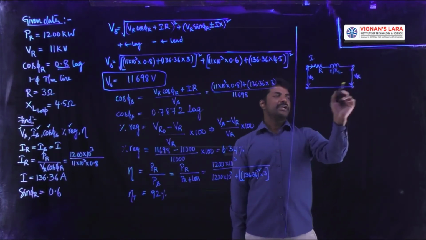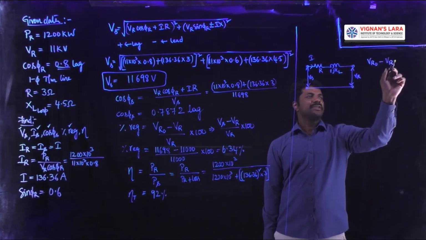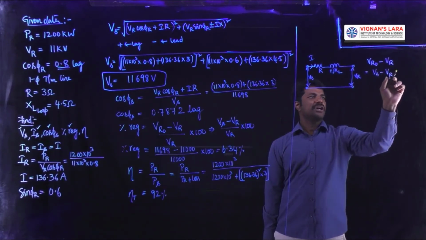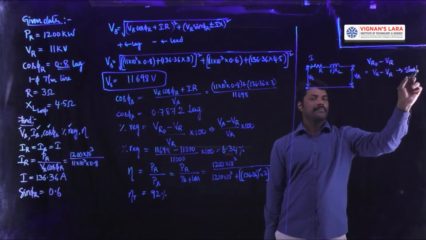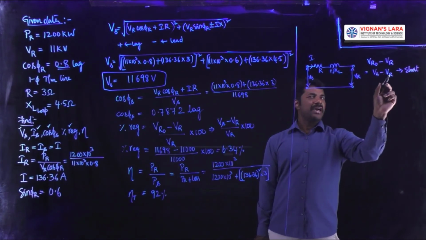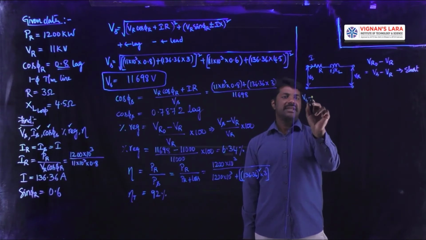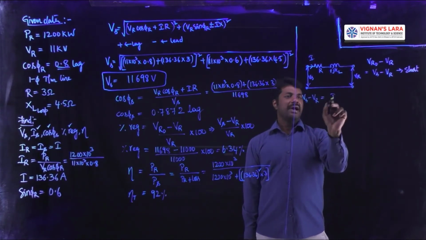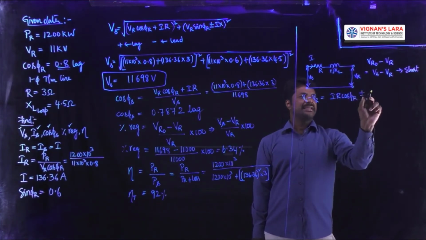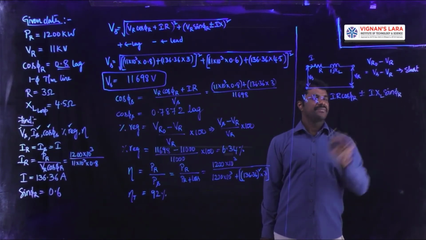The difference of these voltages from no load to full load, VR0 minus VR, can be written as Vs minus Vr for this short transmission line.